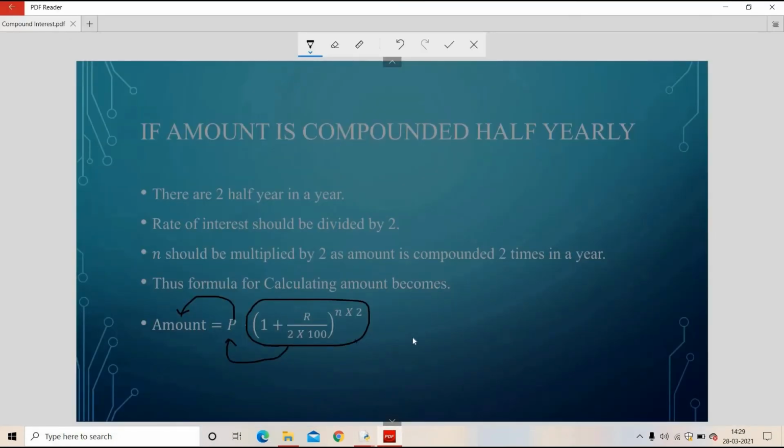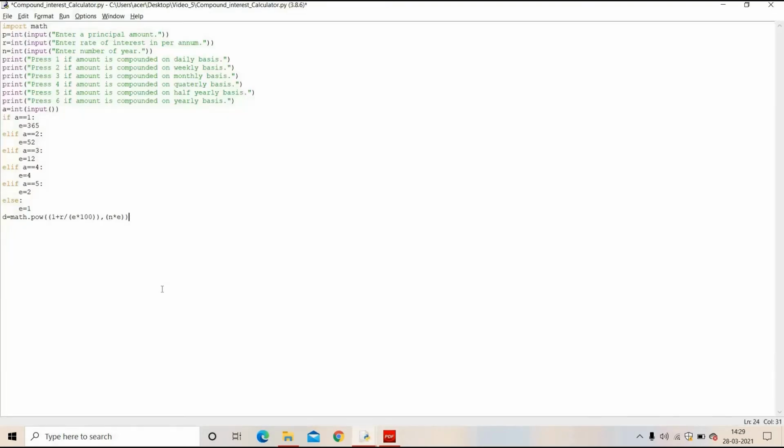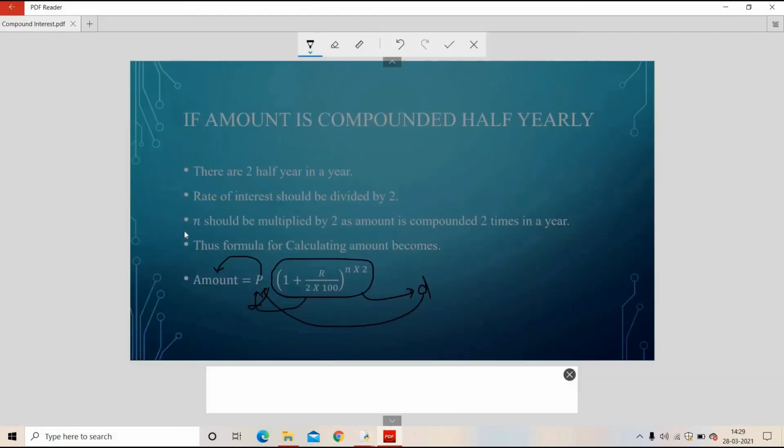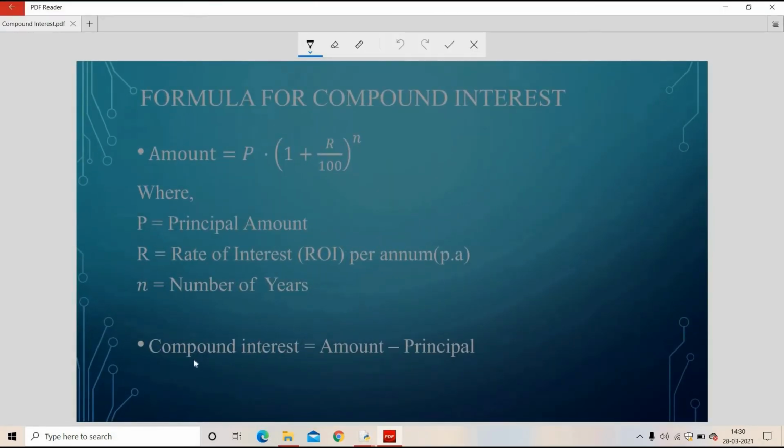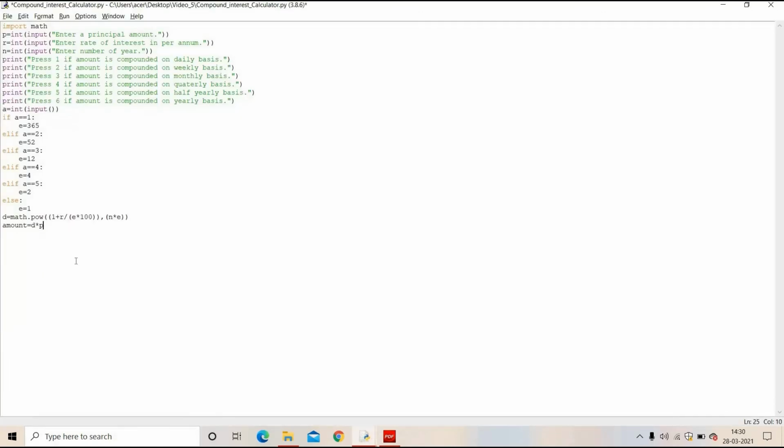So this bracket we have computed and we have stored this in variable D. So we will multiply D with P to get amount. So this statement will give me amount. Now to compute compound interest, we have to subtract principal from amount.